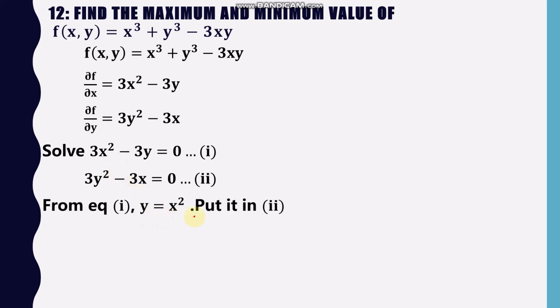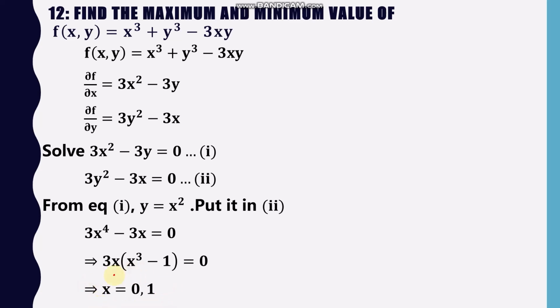We'll put this value of y equal to x square in the second equation. So putting it in the second equation, we get 3x to the 4 minus 3x equal to 0. From here, I can take 3x common. Inside, I'll get x cube minus 1 equal to 0. From here, I get two real values of x, which are 0 and 1.